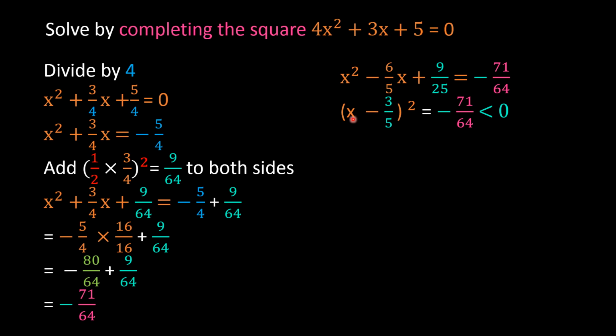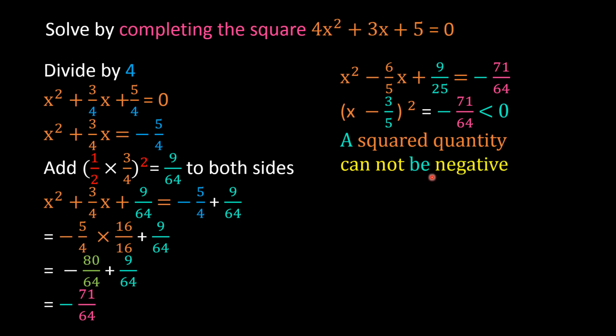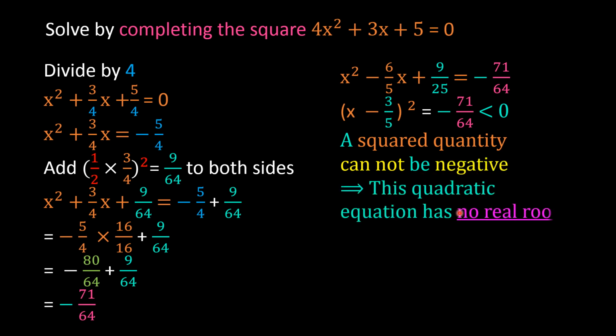So we get x minus 3 divided by 5 whole squared equals minus 71 divided by 64. This is a negative quantity. We know that square of any real number is always positive, but here it is negative, which means that a squared quantity cannot be negative, and hence this quadratic equation has no real roots.